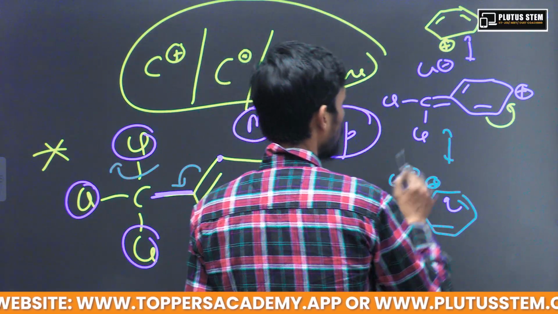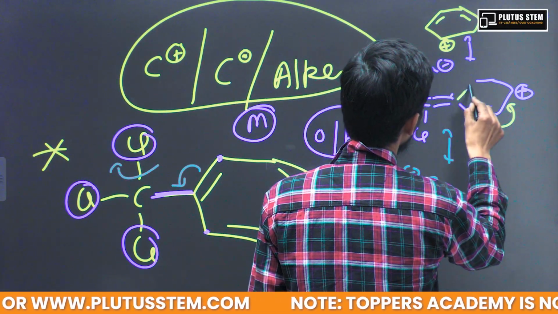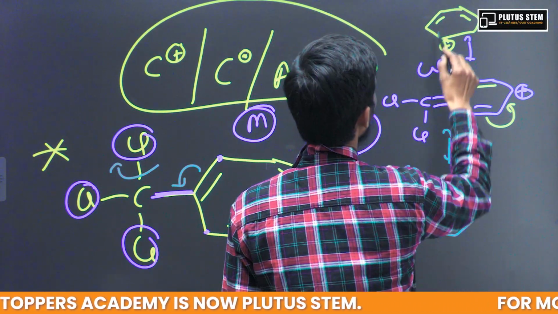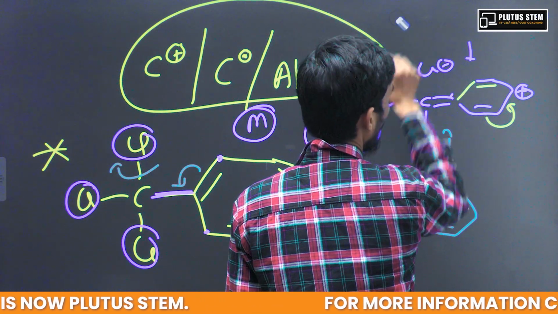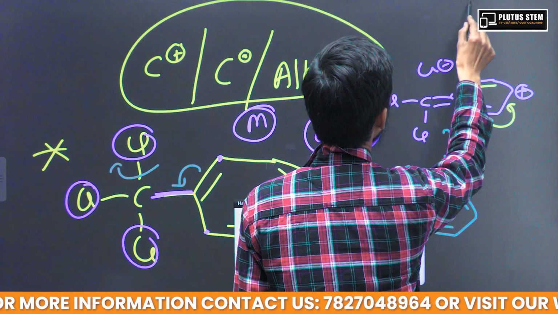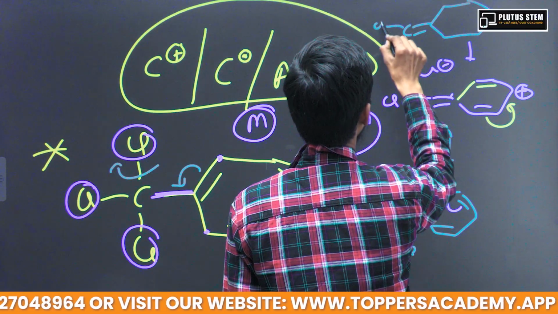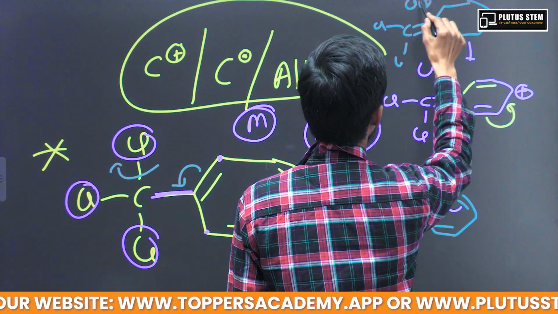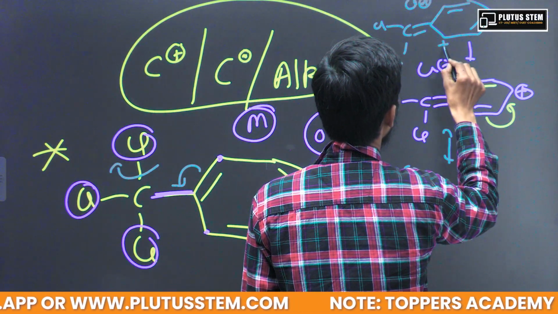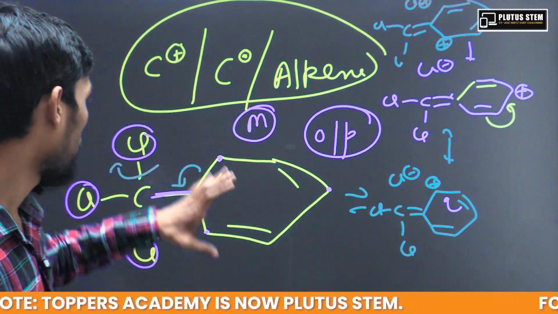Sorry, here I have shown this movement a bit wrong. This is like this, and after the movement of electron, the final product will be this. So we can see that positive charge is present at ortho and para position.